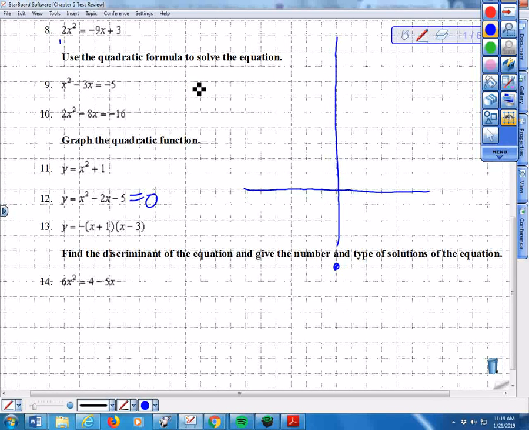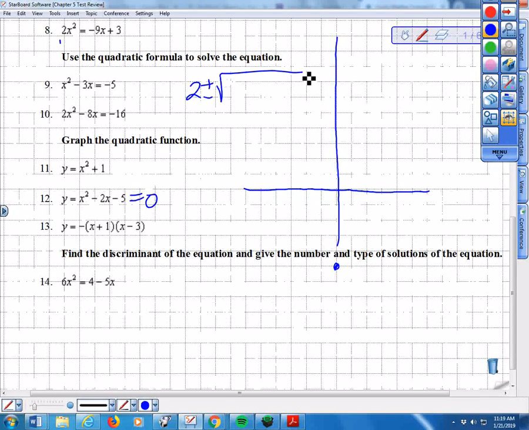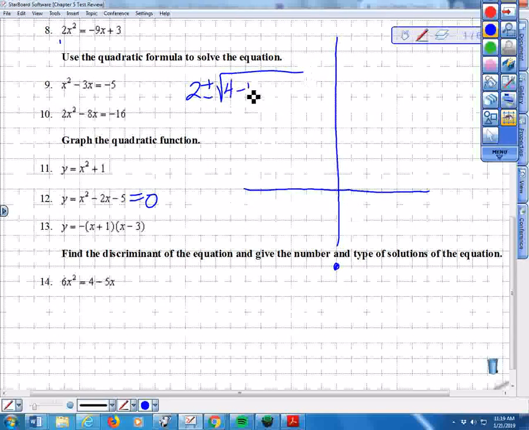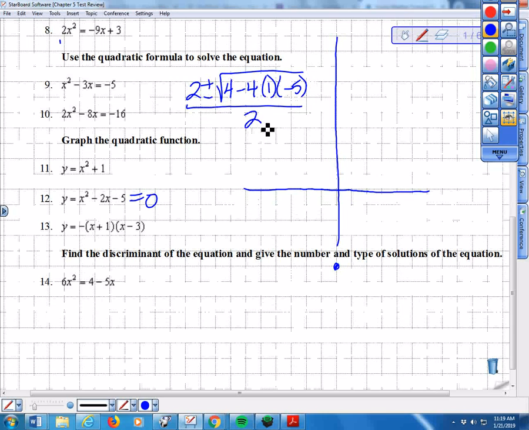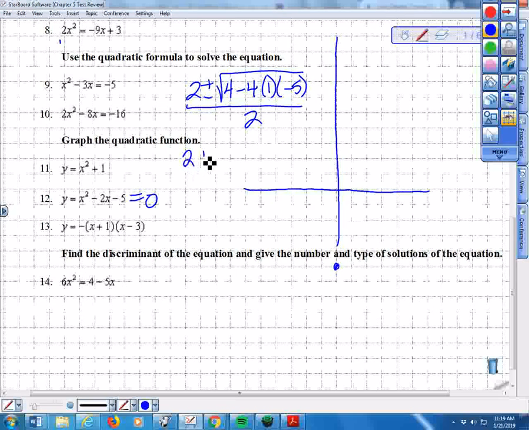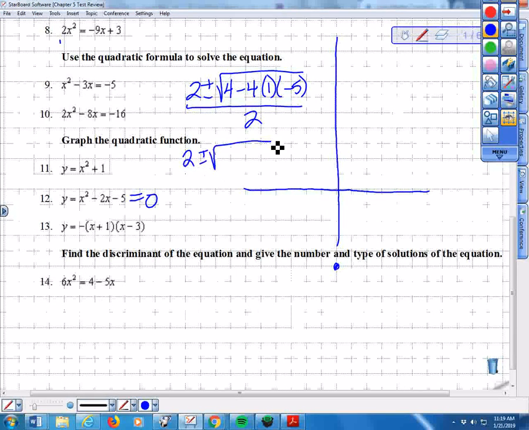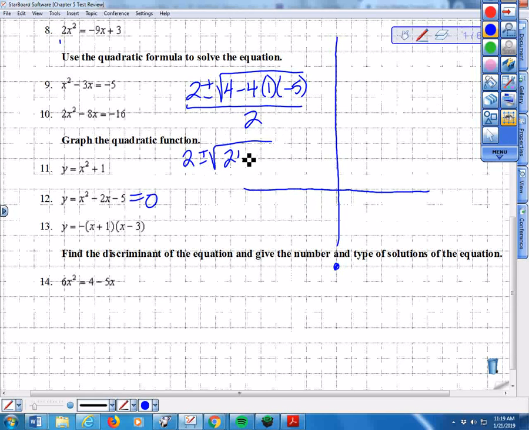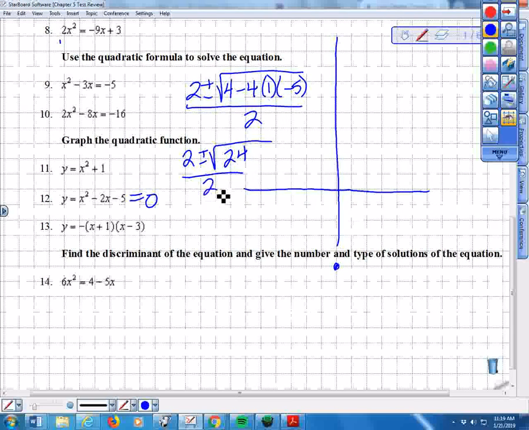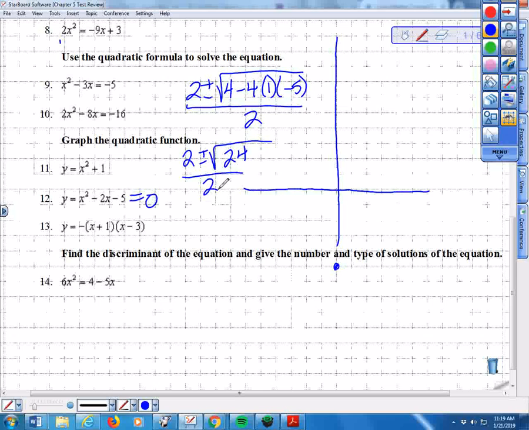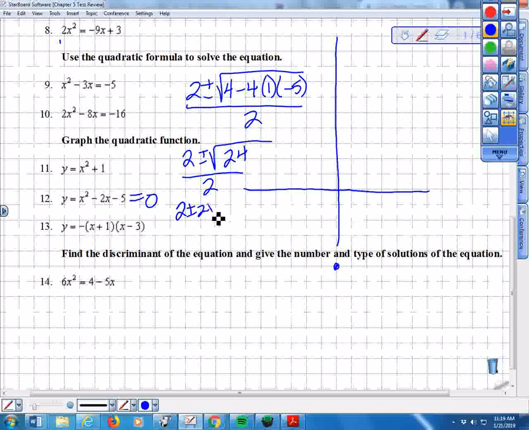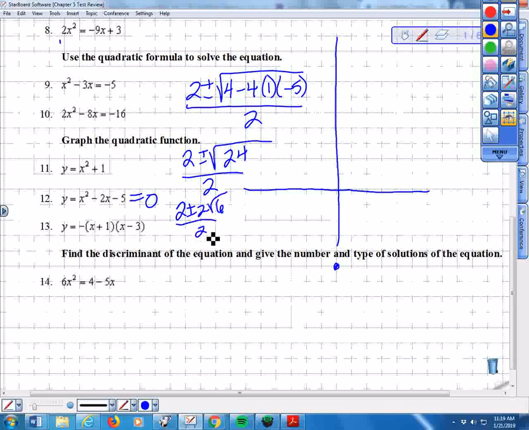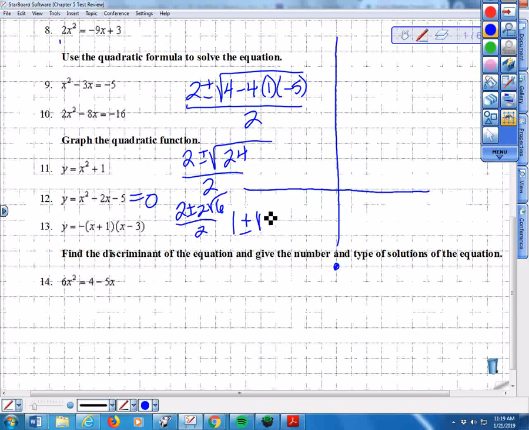Negative b plus or minus the square root of b squared minus 4ac all over 2a. So it's 2 plus or minus the square root of 4 plus 20, which is 24, all over 2. The square root of 24 is 2 square roots of 6. So it's 2 plus or minus 2 square roots of 6 all over 2, which is just 1 plus or minus the square root of 6.